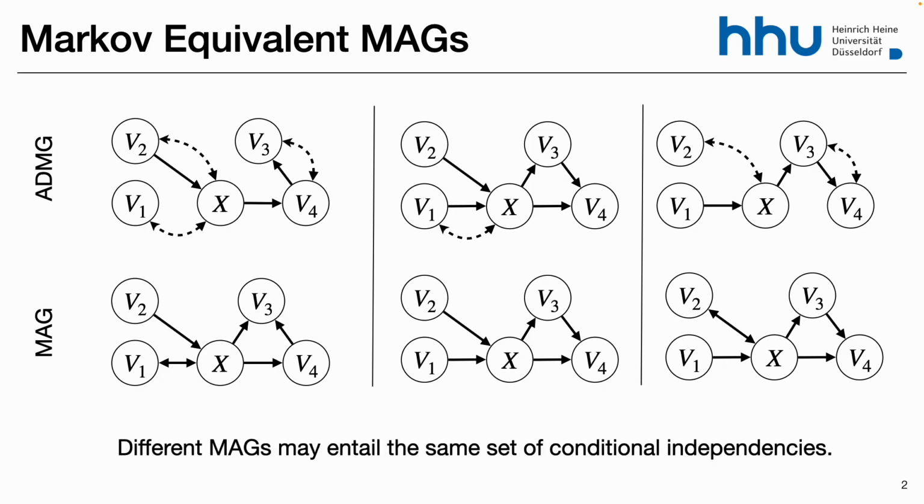So let's do, for example, a few examples. V1 in this case is m-separated in the MAG from V4 by conditioning on X only, right? This is also the same for this one, V1 and V4, you block these two paths by conditioning on X, so this is also m-separated.